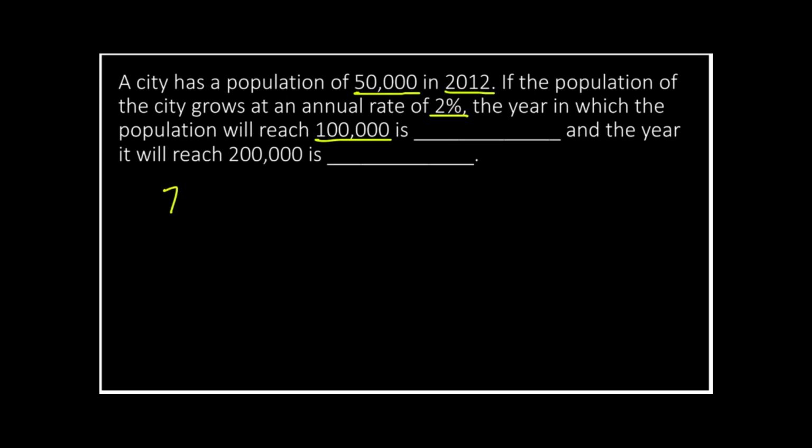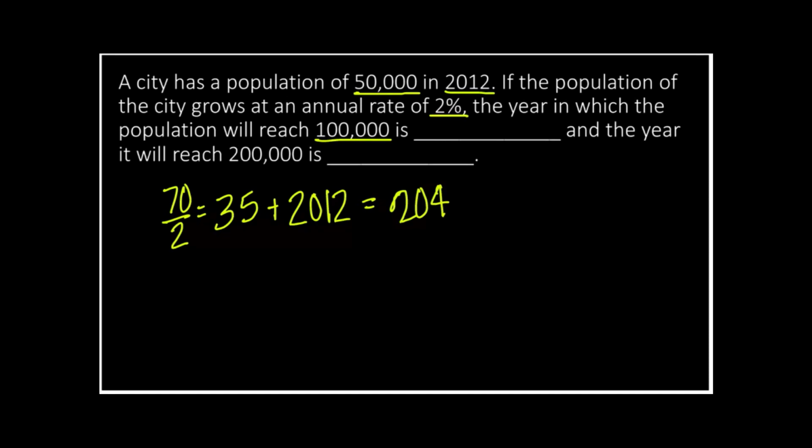So we'll just take 70 divided by 2, and that gives us 35. Then we'll add 2012 to it, so we'll get 2047. And the year it will reach 200,000 is the same, assuming the same growth rate. So that would be another 35, which should be 2082.